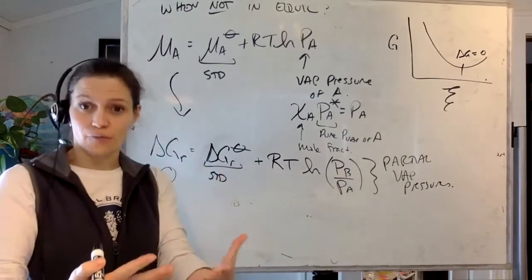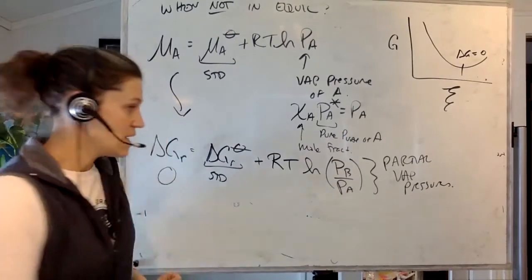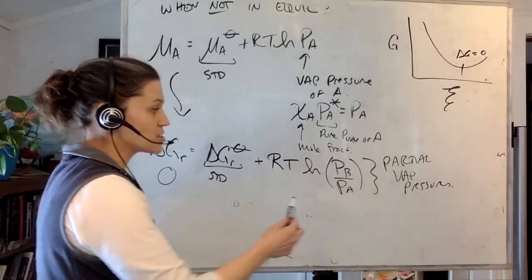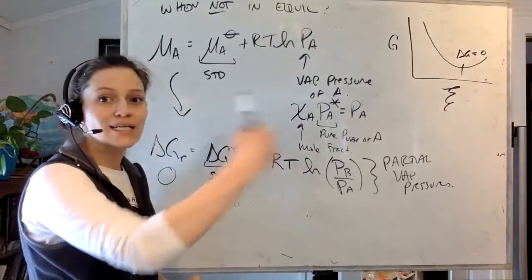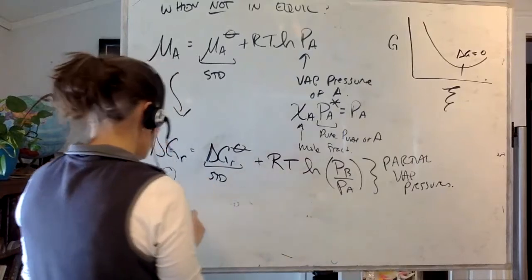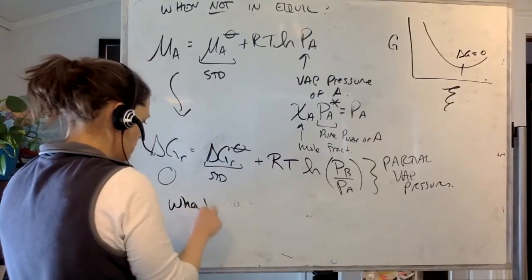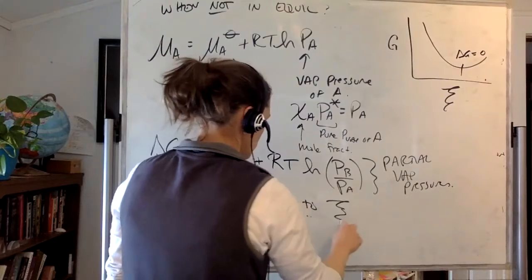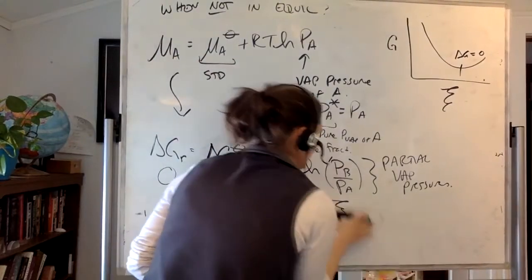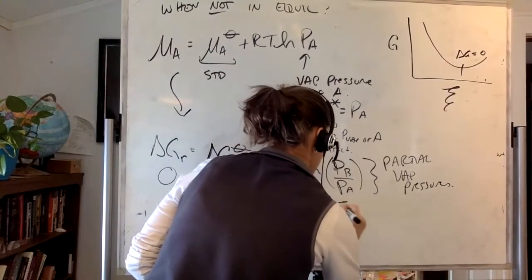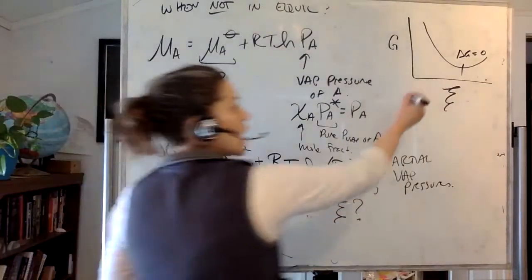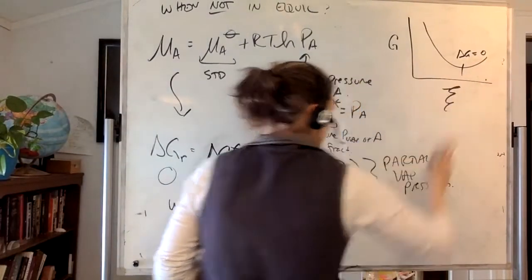But what about the non-equilibrium conditions? Let's find out what parameters we can control or change that will link us to the extent of the reaction, because we want to know how it changes along this axis.